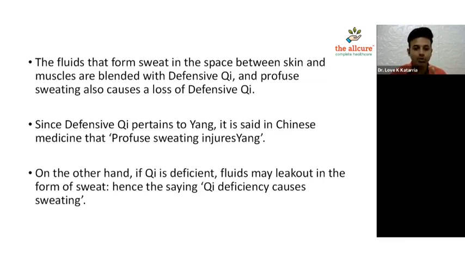So it can happen both ways. You have to find out the root cause, and that is why I'm always saying that TCM is not that easy, it is very, very specific. You have to find out why it's happening. If you get the reason why, the treatment is so fantastic that you'll get results like a miracle. And this is the beauty of TCM.